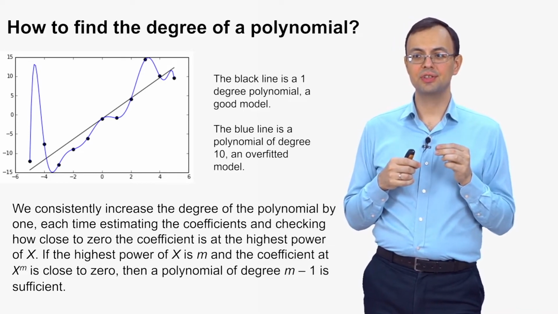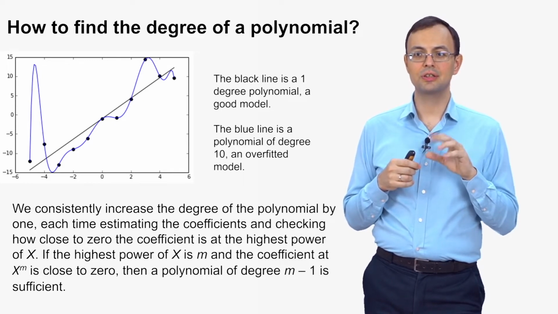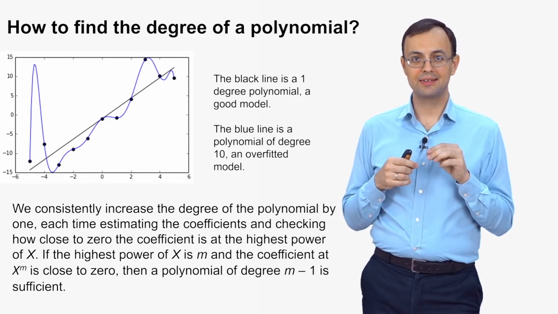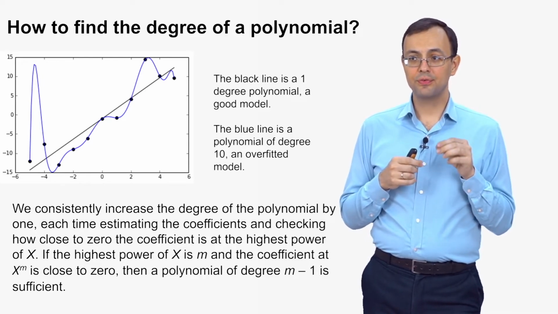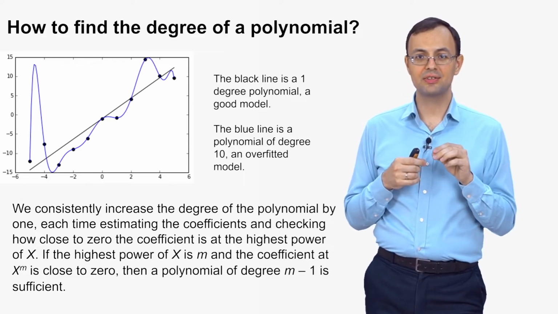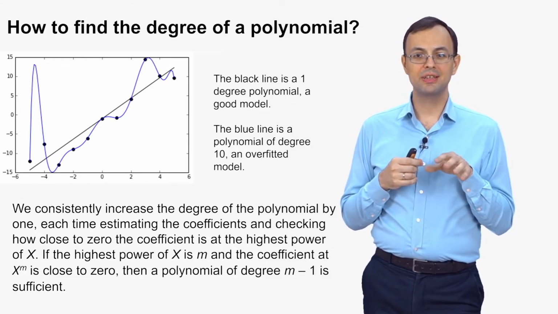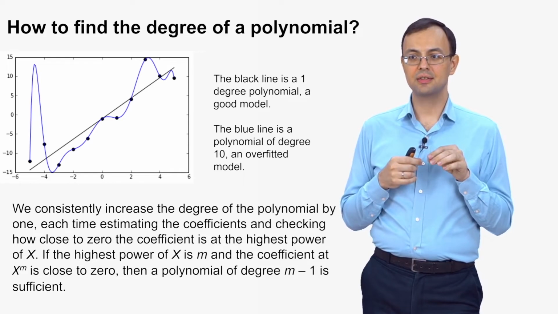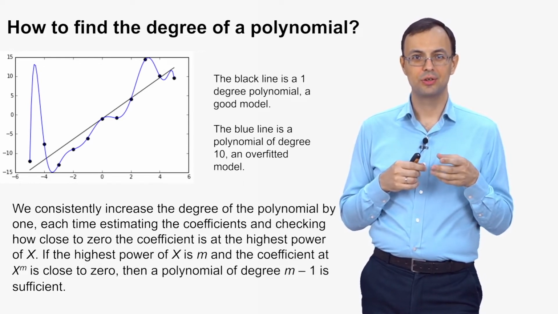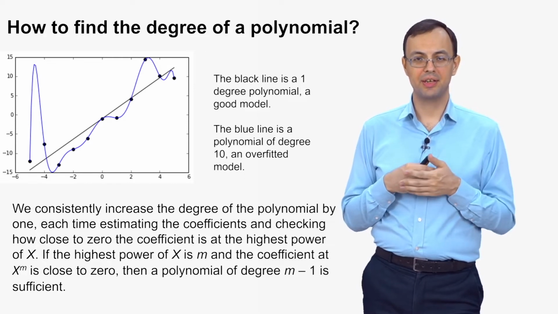You are interested, is this coefficient close to 0 or not? If the highest power of x is m, and the coefficient at x power m is close to 0, this means that you don't actually need this power, so a polynomial of degree m minus 1 is sufficient to describe what is happening here.